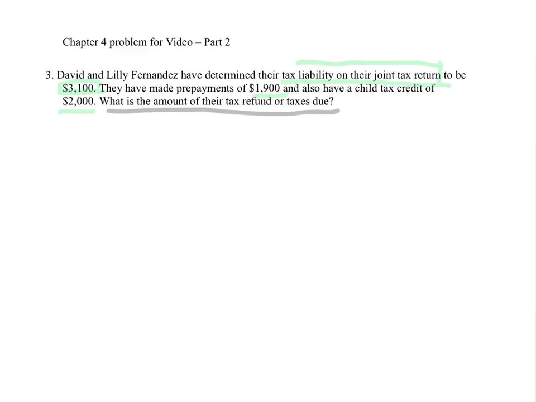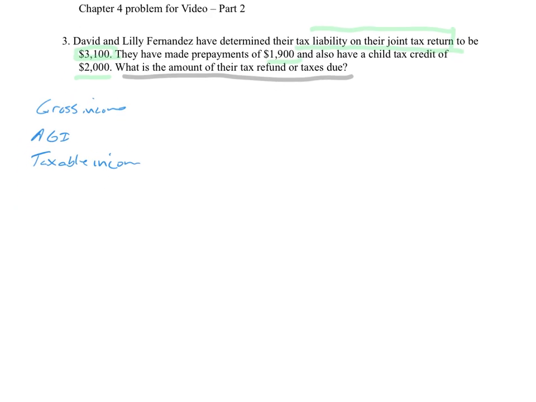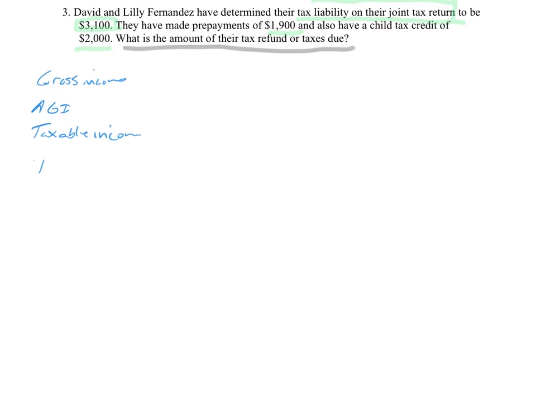Okay, so normally we would start with gross income, and then we would get to our adjusted gross income, and then we would get to our taxable income, and then we would figure out our tax liability.